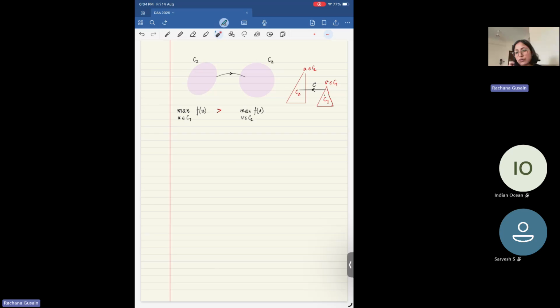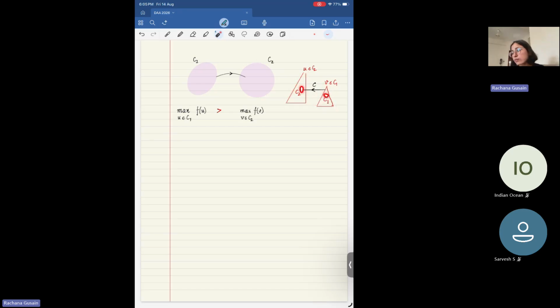I do not understand this question. Can we say that this is due to decreasing order of finish time? All we are saying is, if I do my DFS starting from a vertex in C2, in that case it is true that every node here has a smaller finish time compared to any node in the other tree.